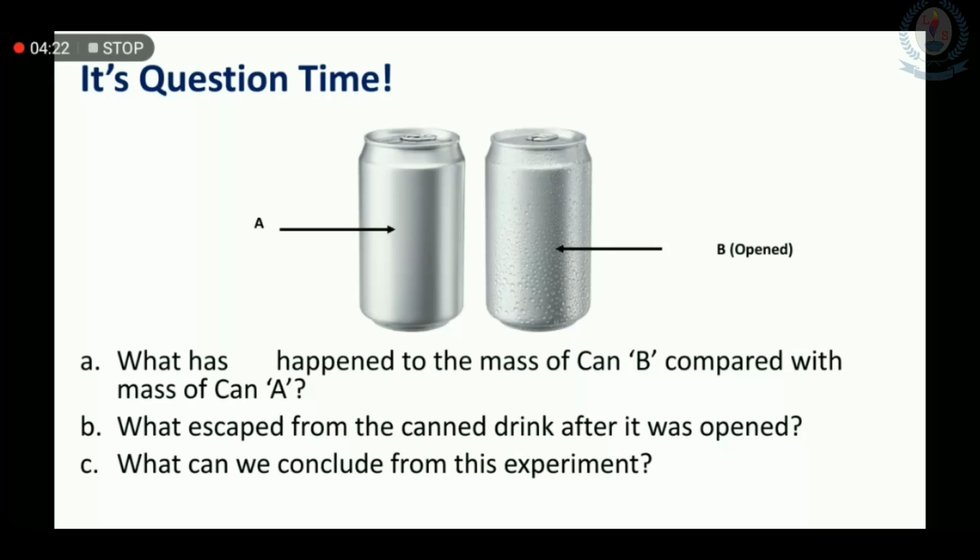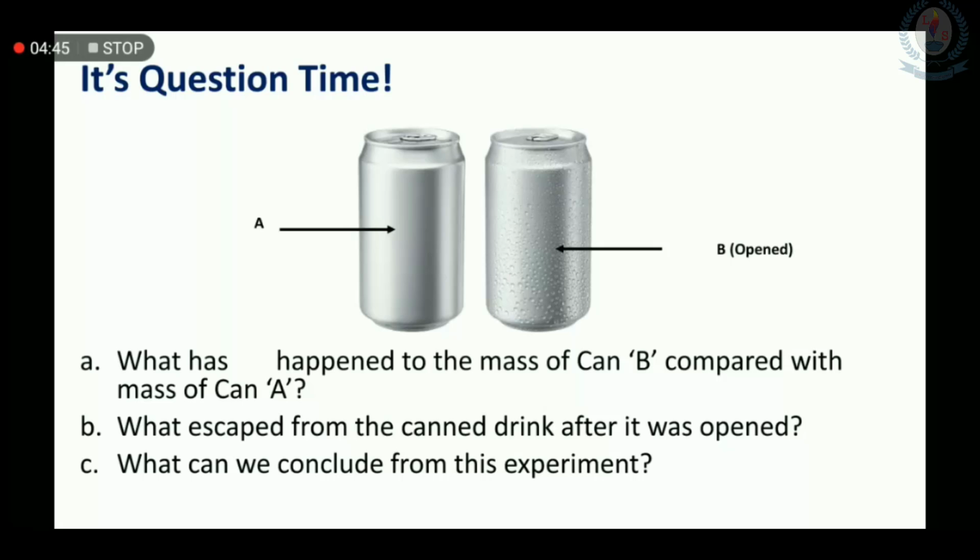What has happened, do you think? Yes, since the gas has escaped in can B because it was opened for 2 hours, right? So shall we answer the given questions now?